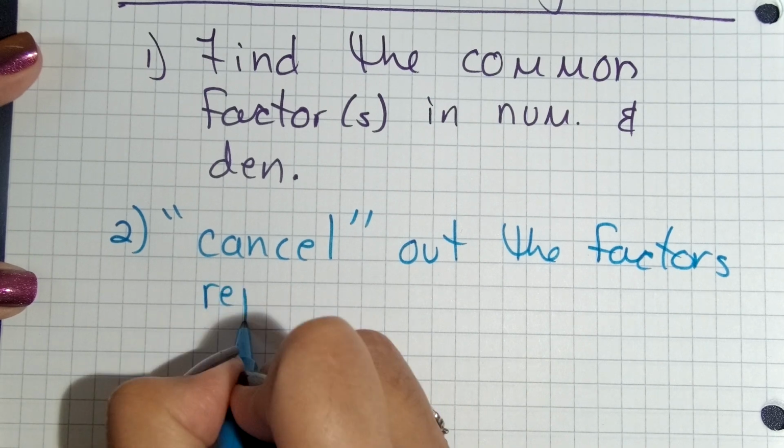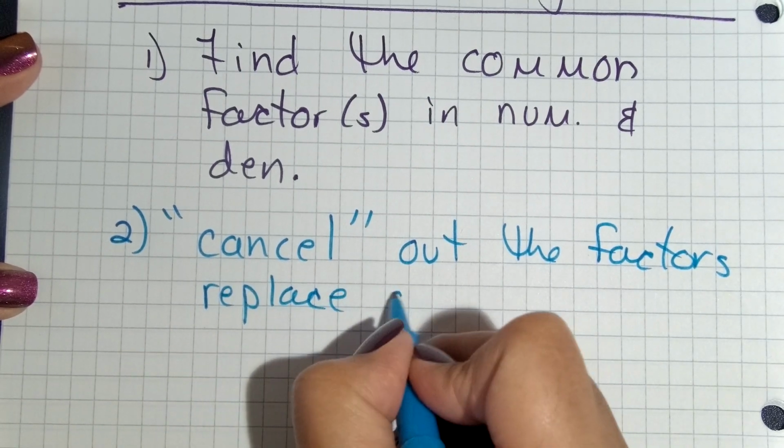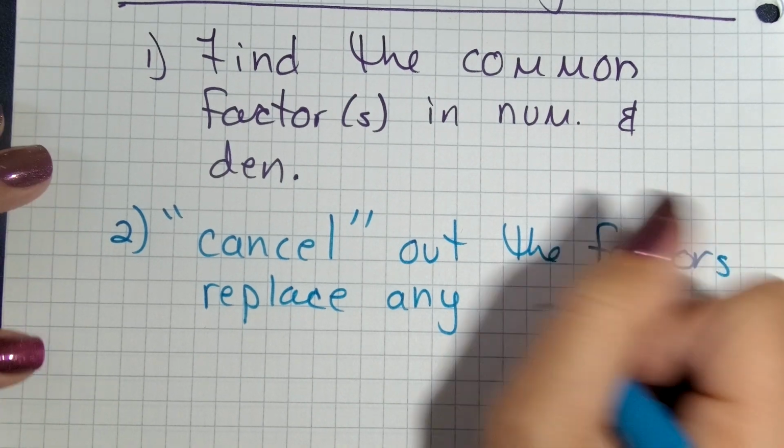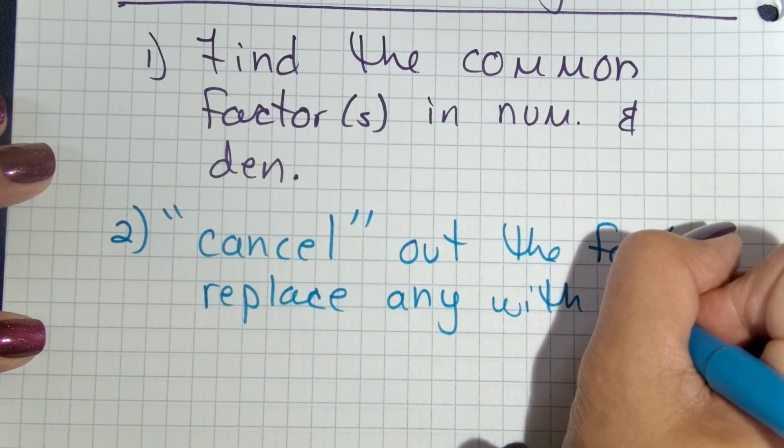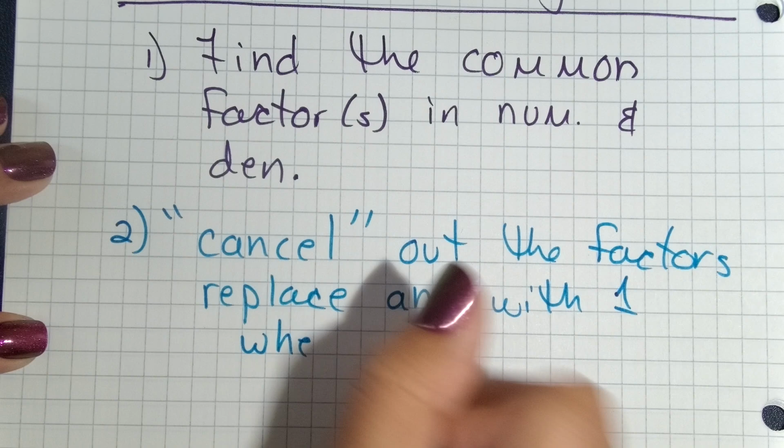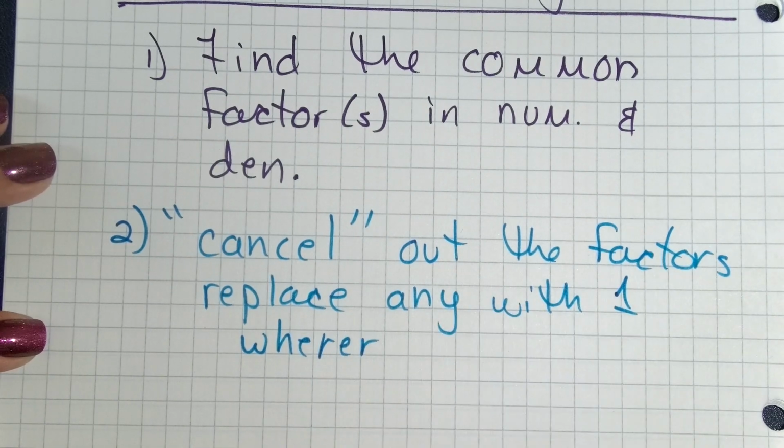And then replace any canceled factors with 1 where needed.